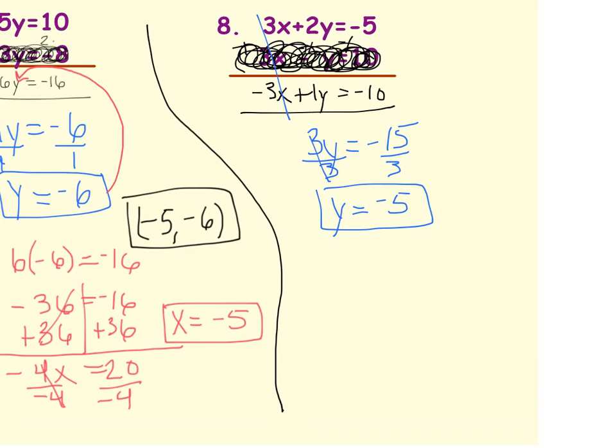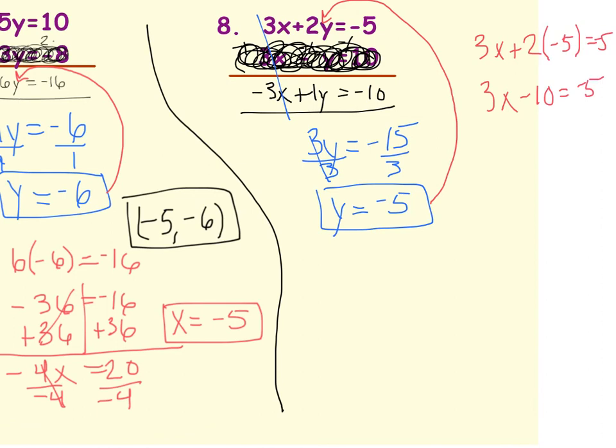Then you can plug it back in. Either one, it doesn't matter. Let's just make it more difficult on ourselves, and let's plug it into that top one. It's not going to make any difference. So what I'm left with is 3x plus the 2, keep in mind there's a 2 in front, then my y equals negative 5. 2 times negative 5 is negative 10.